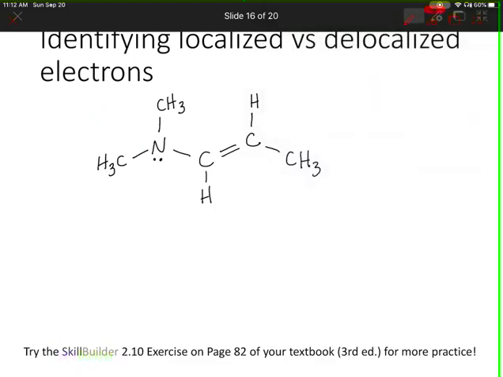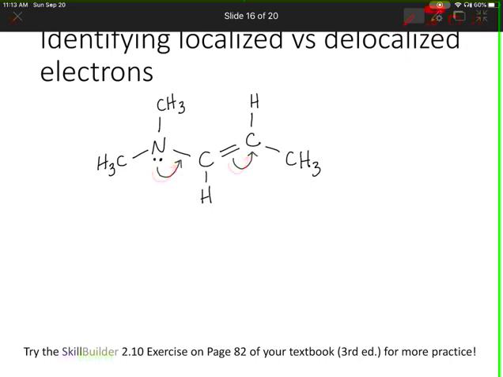So what if we move this lone pair over here between the nitrogen and the carbon in the middle? Does that work? Well, initially it looks like the carbon in the middle will have 5 bonds, but that carbon has a double bond next to it. So that means it has pi electrons that we can move over.